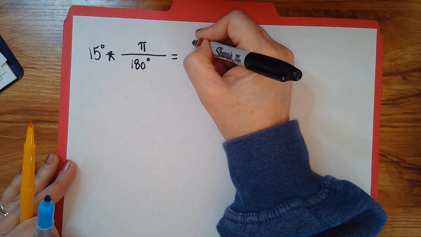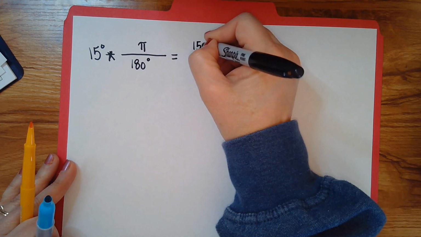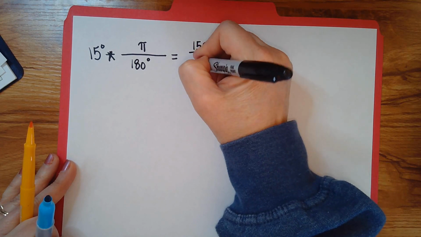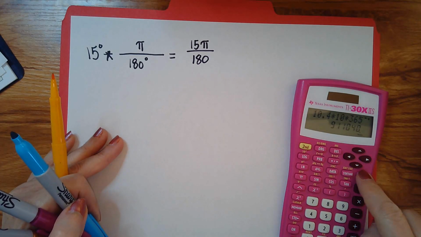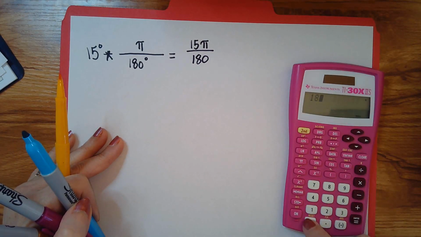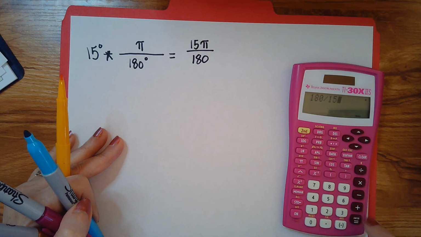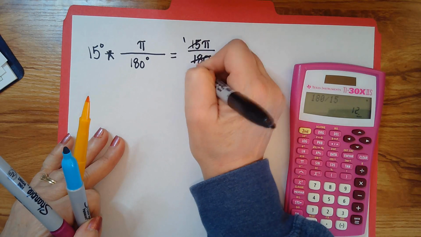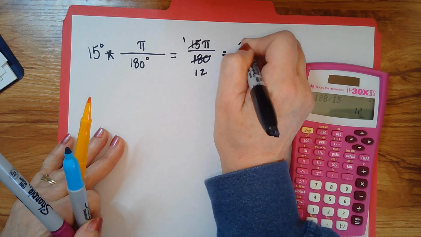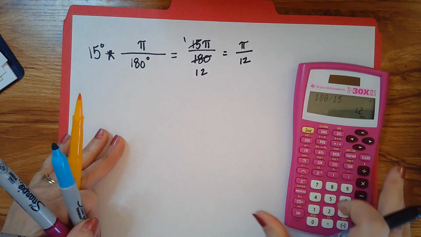So I will do 15 pi over 180. And I'm pretty sure I'm going to be able to reduce that. Let's just see if I can reduce completely. 180 divided by 15. Can I do that? 12. Great. So that's going to be pi over 12.